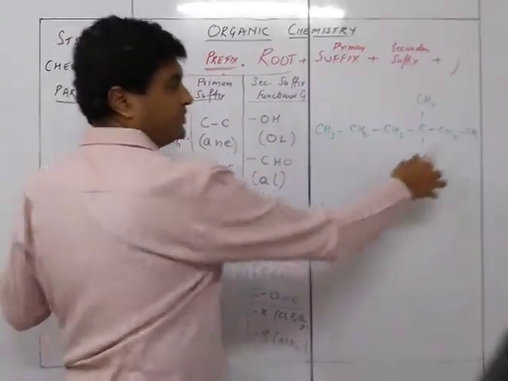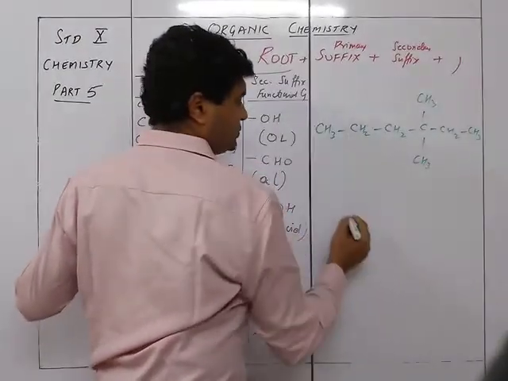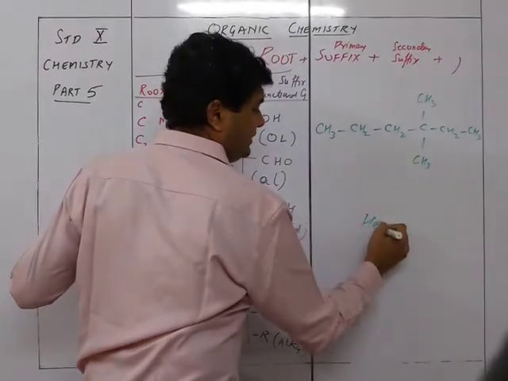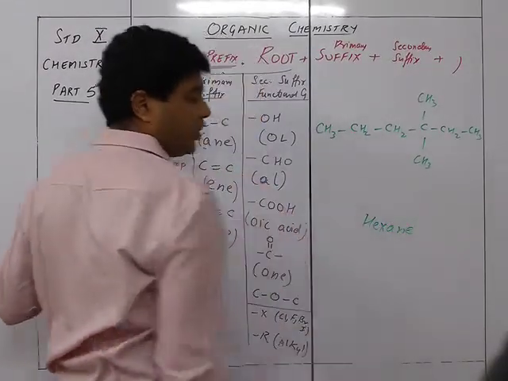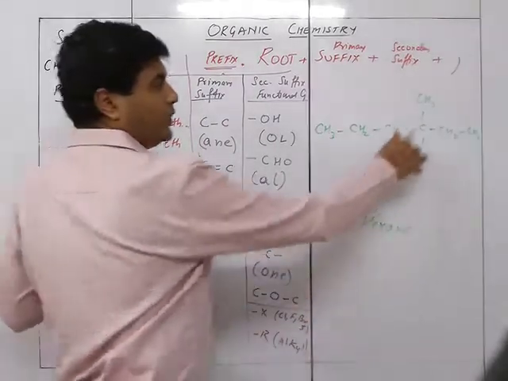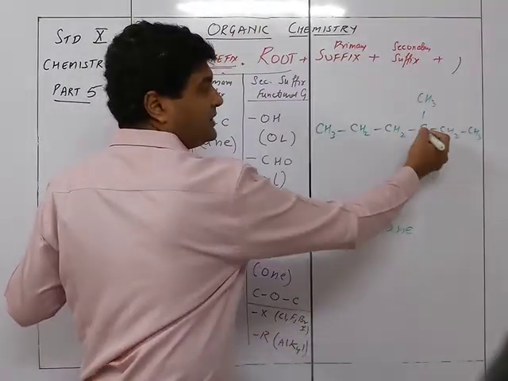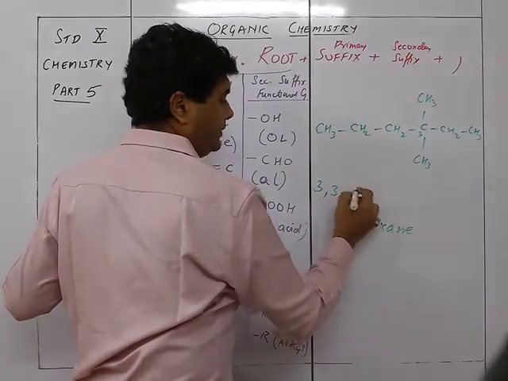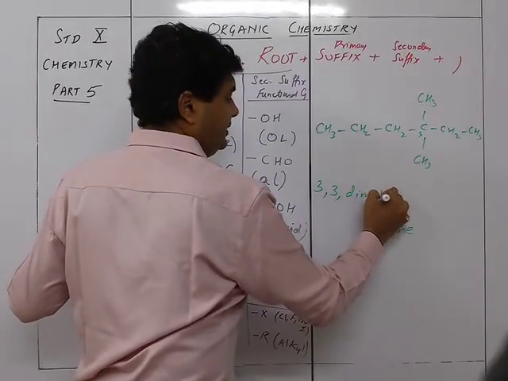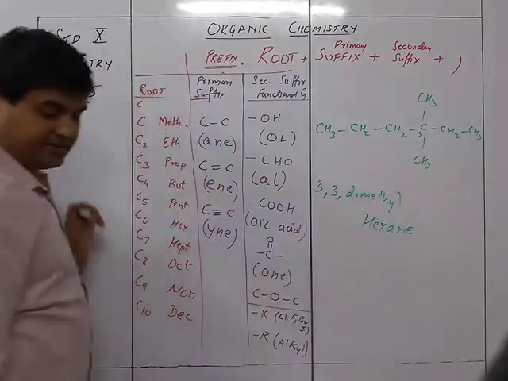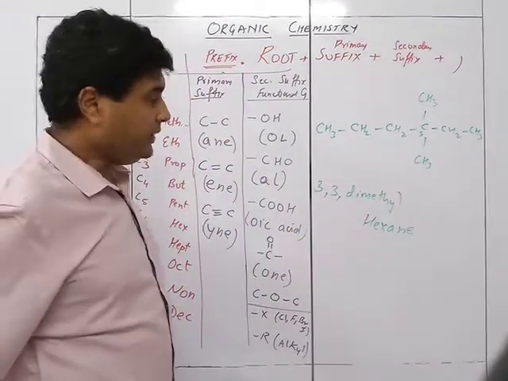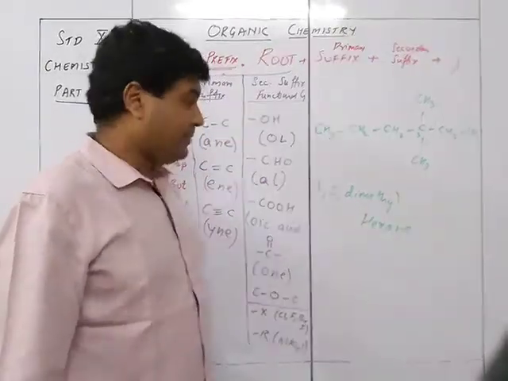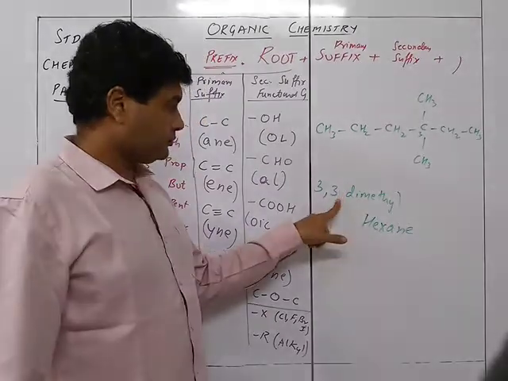So we know now it is 1, 2, 3, 4, 5, 6. So it will be hexane, because all single bond. You are going to get over here at 3 both the things, so it will be 3,3-dimethyl hexane.